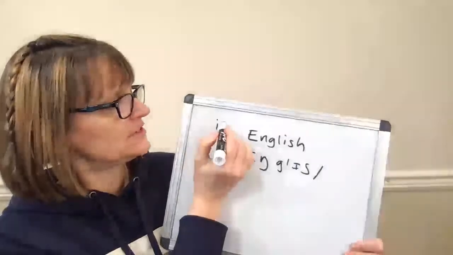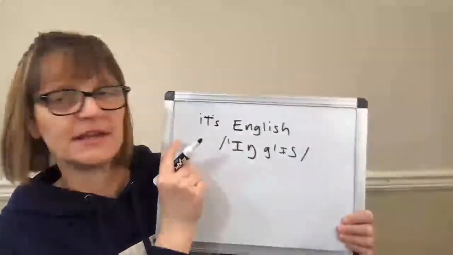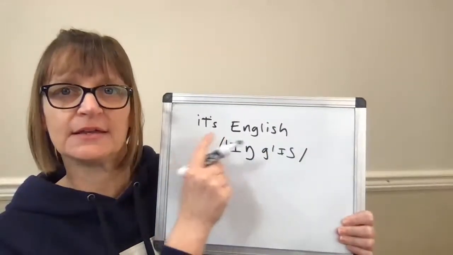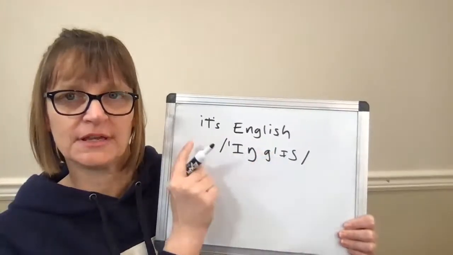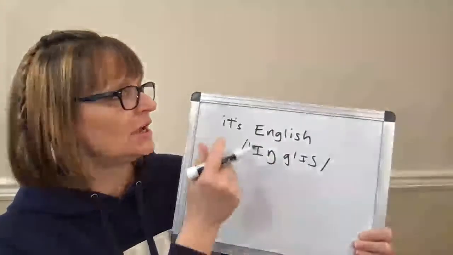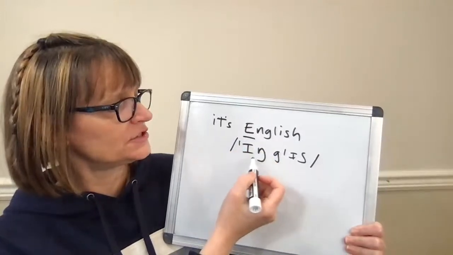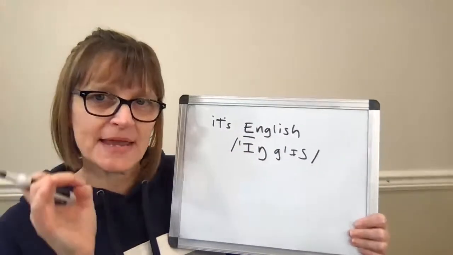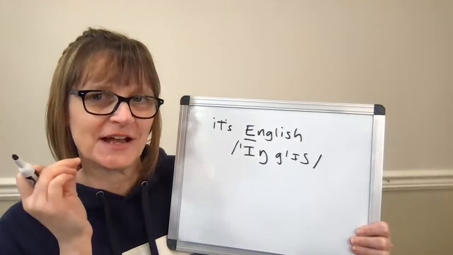So technically, if I say "it's English," my I is the same in both of these words. But I hold this one longer because it's stressed. And then the NG makes it a little higher, a little more nasal. It sounds a little tense.